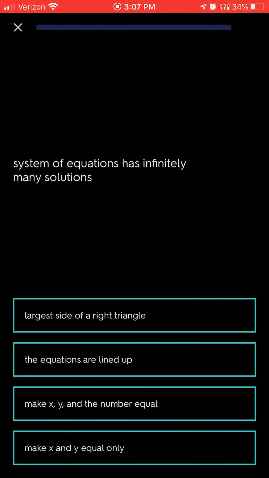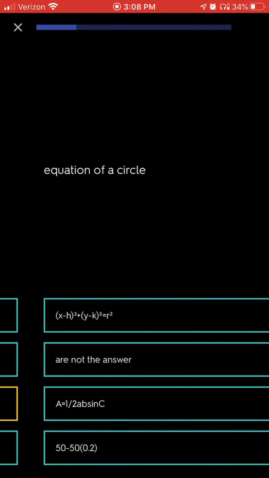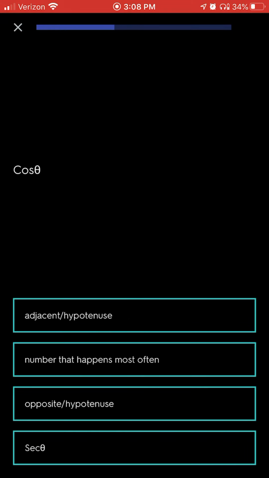Boom. Okay, so then it says system of equations has infinitely many solutions. What do you do? Well, if there's infinitely many solutions, then you make the x, the y, and the number equal. Boom. All right. Equation of a circle. What is the equation of a circle? Well, it's x minus h squared plus y minus k squared equals r squared. What's the cosine of theta?